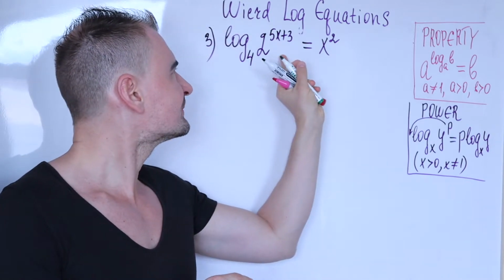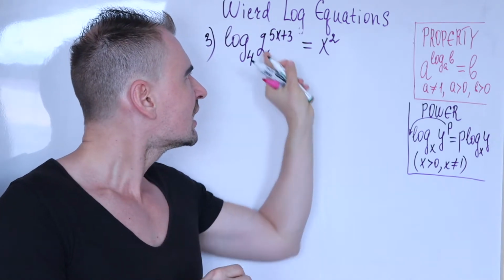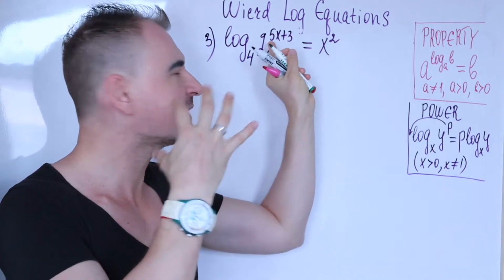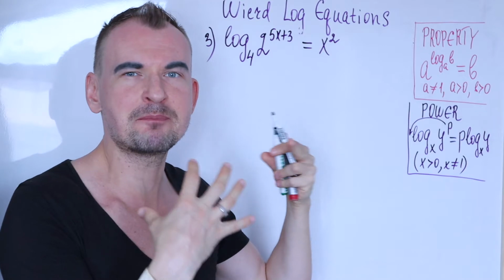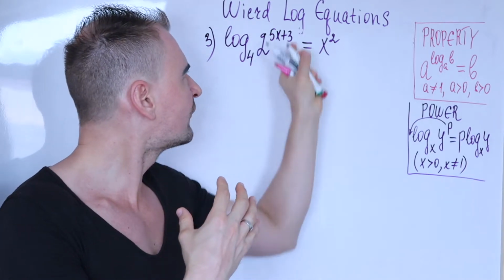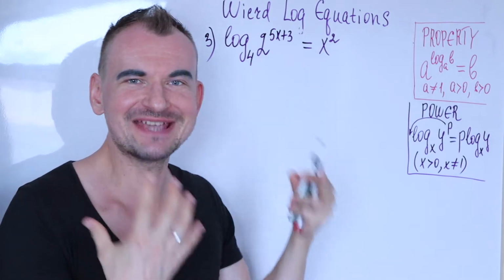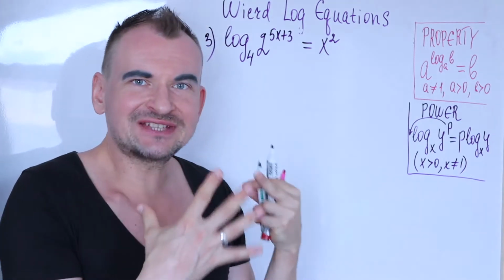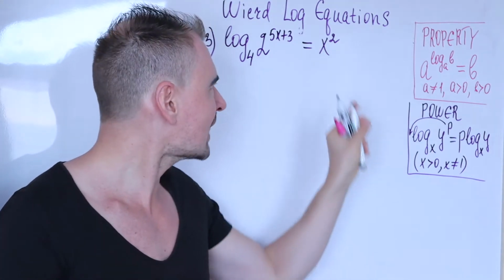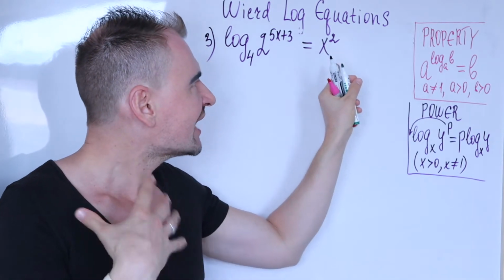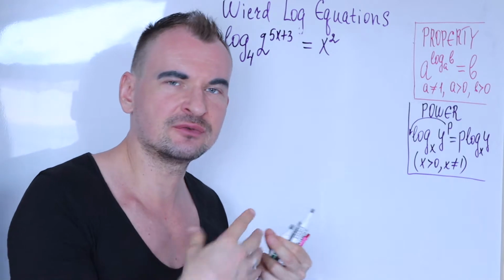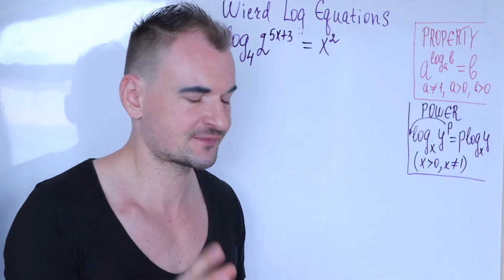Look at this. You have x located as a power in that exponent, which is basically the argument of your log. It's kind of tangled, complicated. And also x appears on the right side as x squared.